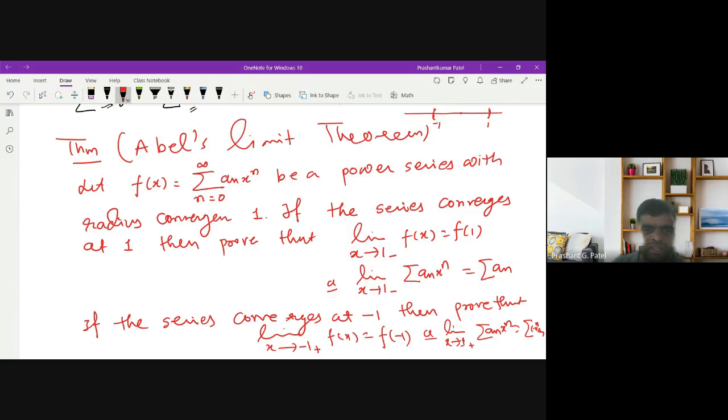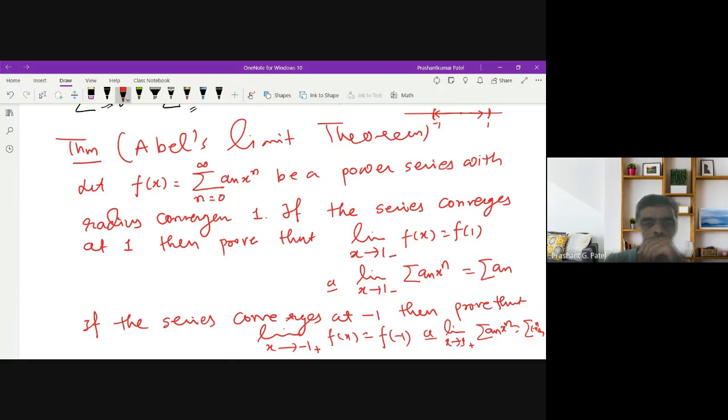It says that if the summation of an is convergent, then you can talk about the convergence at the end point. Here we have taken a left hand limit because we are approaching from this side, and for minus 1 we are approaching from this side. So that's why it is a left hand limit and a right hand limit here.